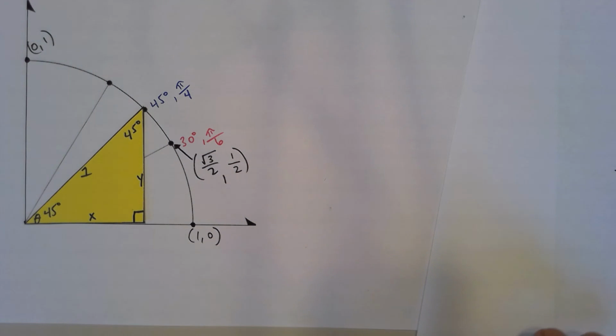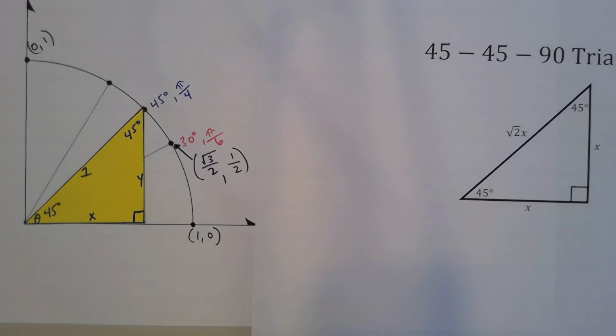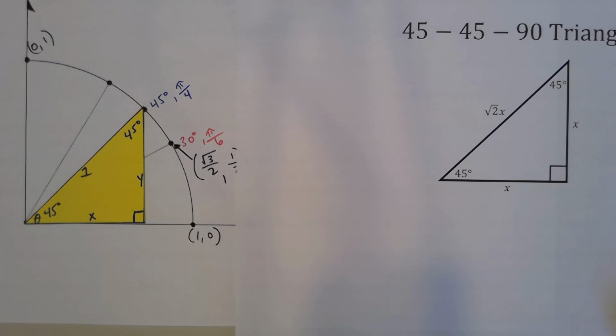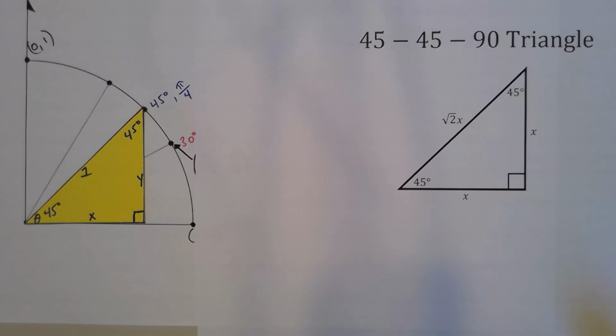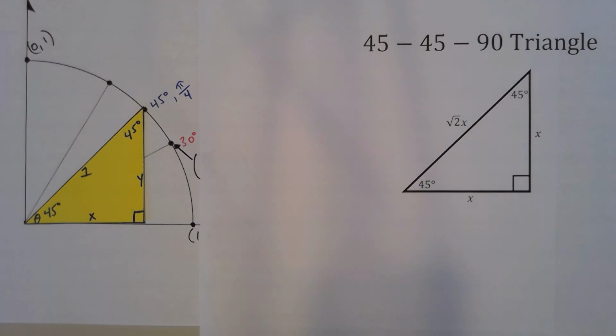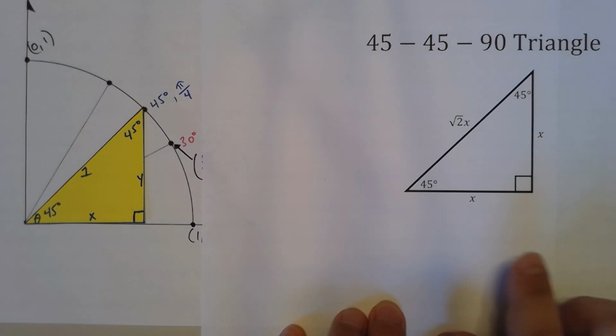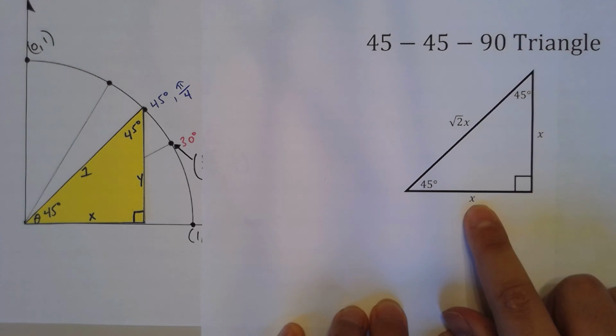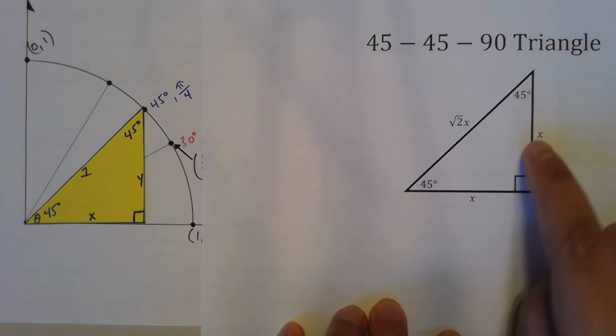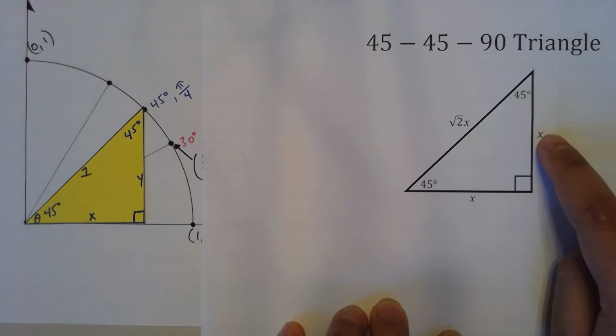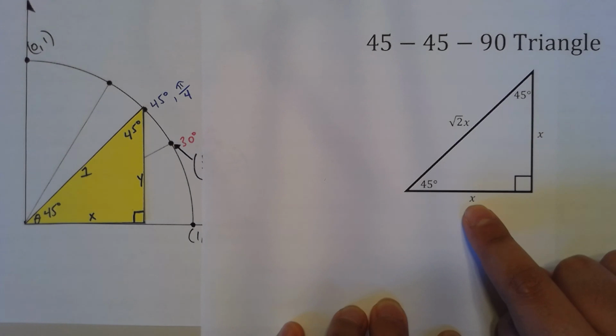Well, again, we've worked with those. We've said 45, 45, 90 have a special relationship. We said that these two are the same because it's an isosceles triangle. So whatever these two are, they're the same.